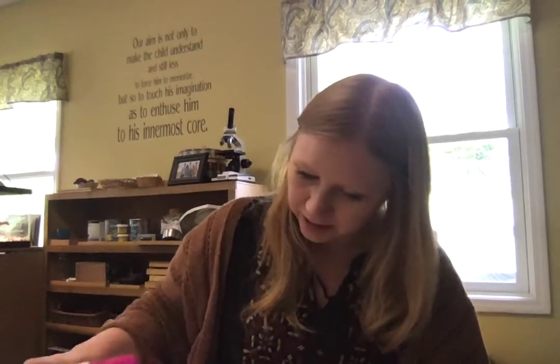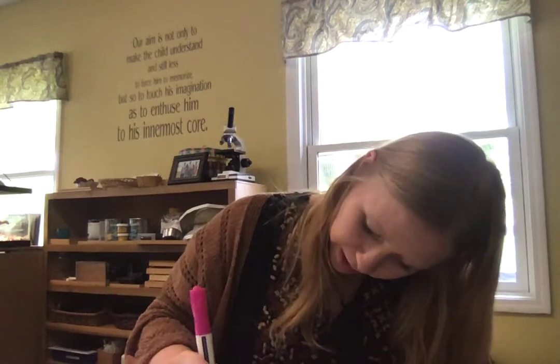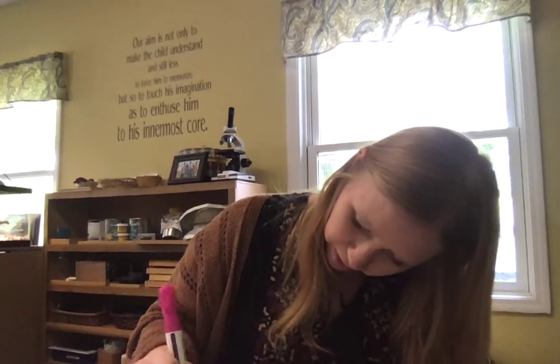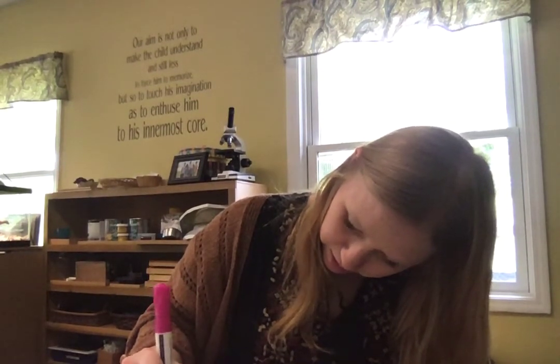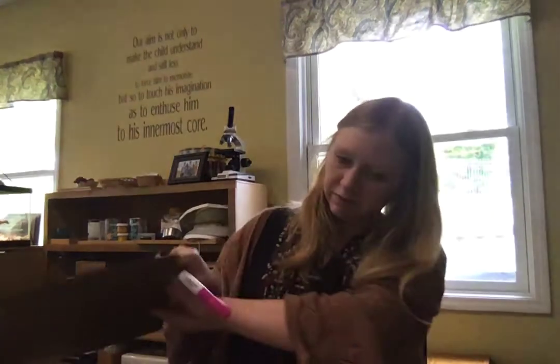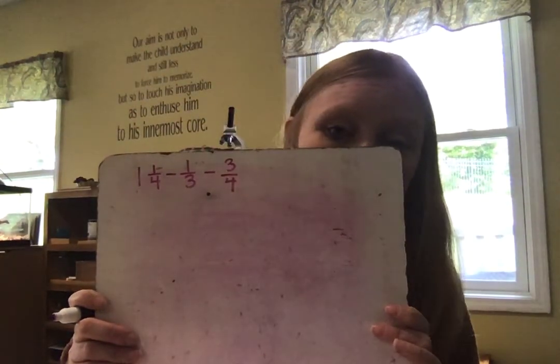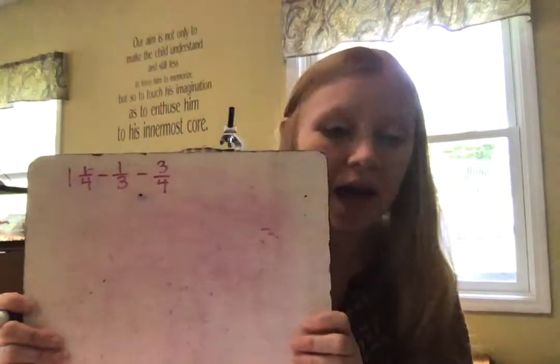Okay, moving on to number 4. 1 1/4 minus 1/3 minus 3/4. So this equation is back to kind of like the first one. We can't solve it yet because we need to find a common denominator between 4 and 3.